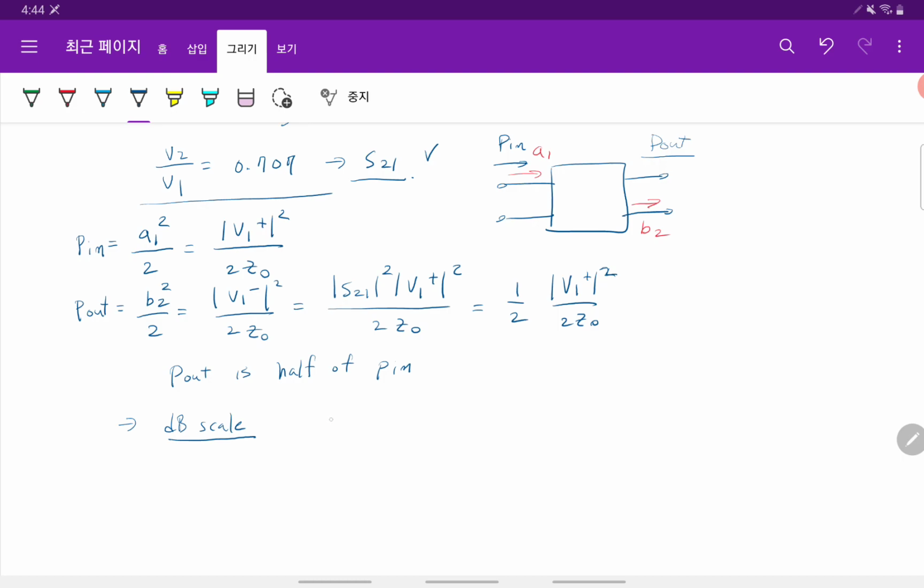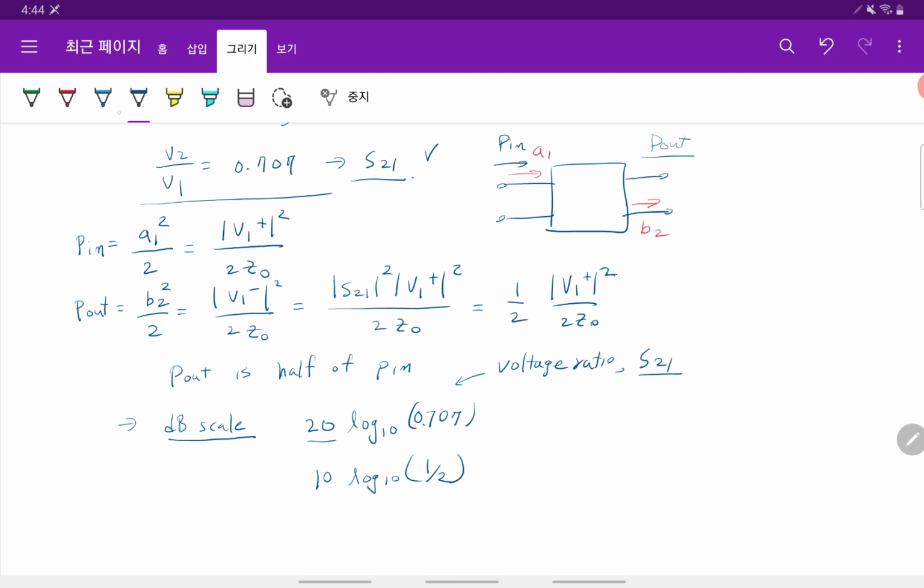So if you want to change to dB scale, 0.707 times 20, because this is a voltage ratio, right? S21 is basically the ratio between the voltages. That's why we put 20. Or if we take power level half, 0.5, we only put 10.